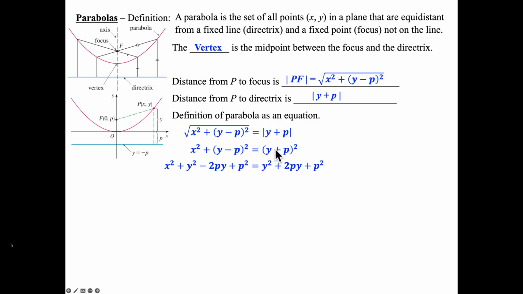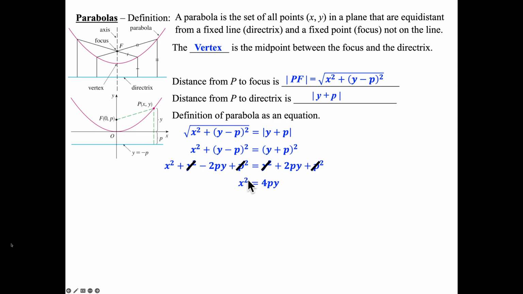This will be y squared plus 2py plus p squared. Your y squareds cancel. The p squareds cancel. I'm going to add 2py over to the right, and there is my general form of an equation: that's this parabola right here with the vertex at the origin.